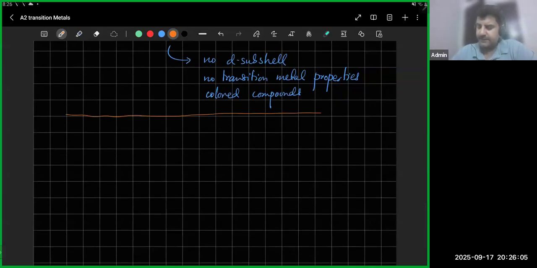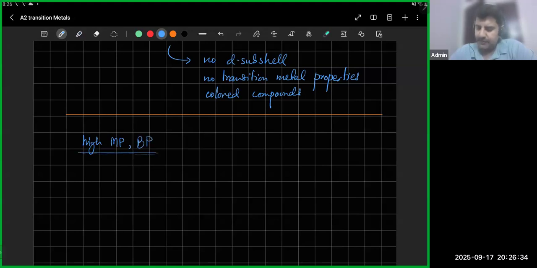The first property is that they've got high densities, high melting points and high boiling points, and they've got variable oxidation states. We're going to discuss these one by one. First thing is, why do they have high melting points and boiling points?